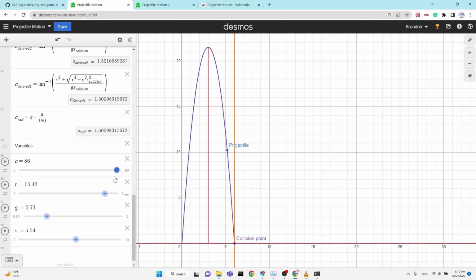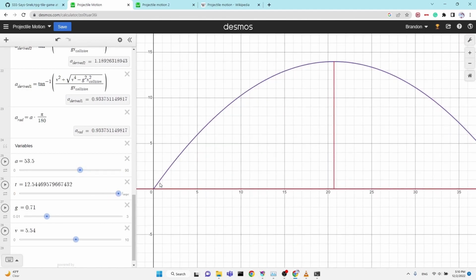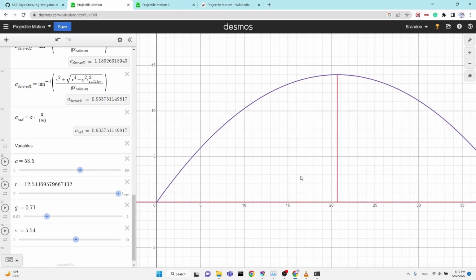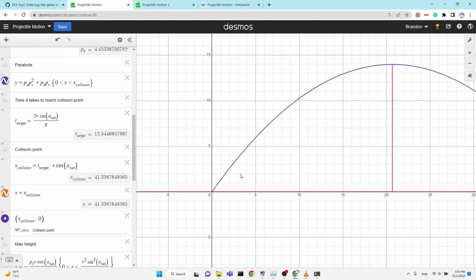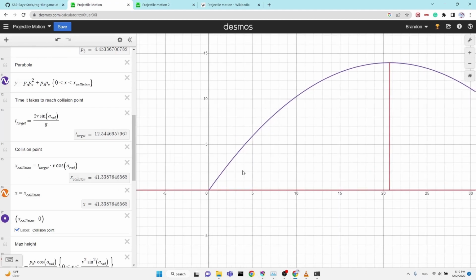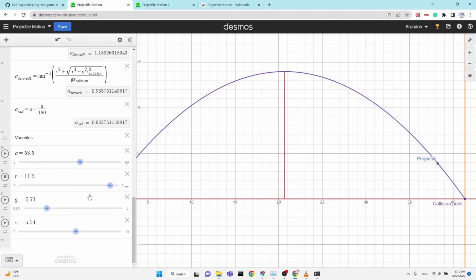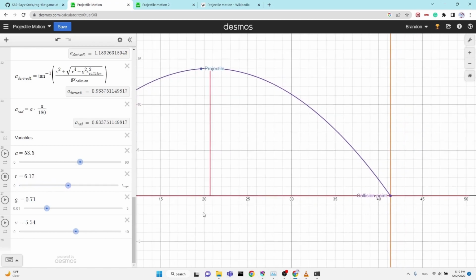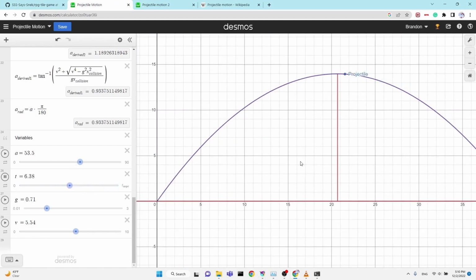If we set this to maybe 53 degrees, a random number, you see what trajectory this projectile will have. If I play this animation real quick, you'll see it goes and hits the collision point.